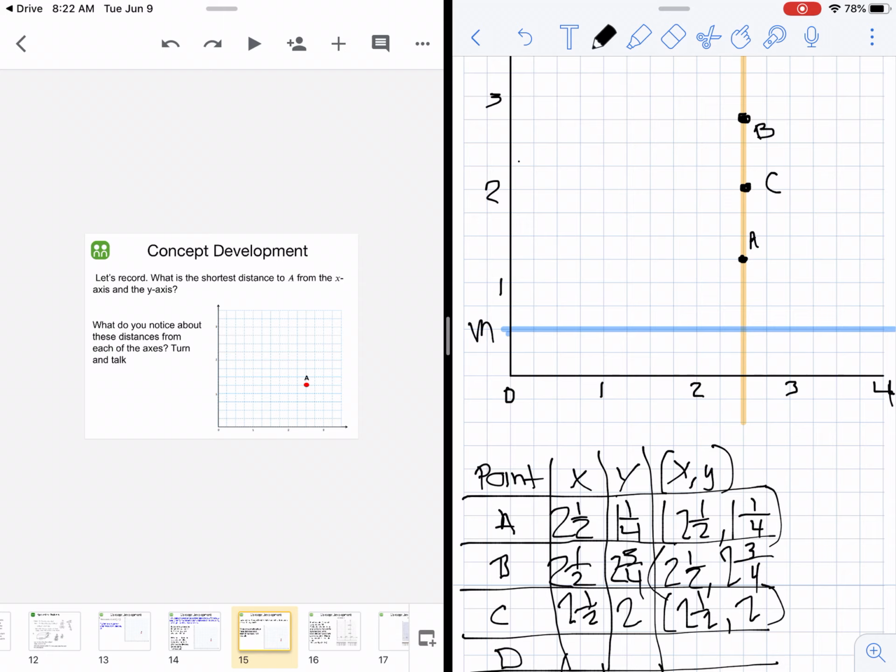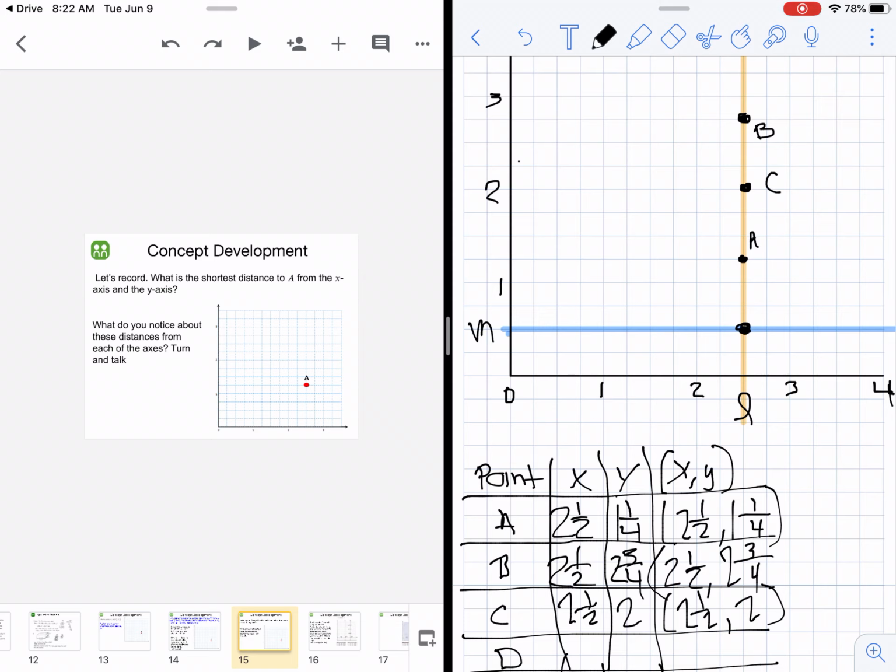All right. So now we're going to plot our point D where the lines L and M intersect. So go ahead and plot your point D where the lines L and M intersect. Remember, this is line L. So D is going to go right here where these lines intersect.